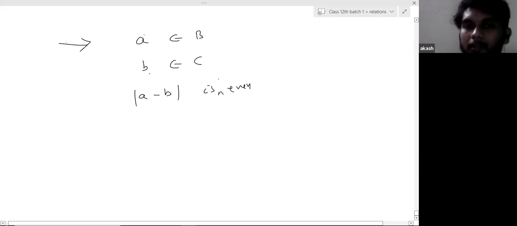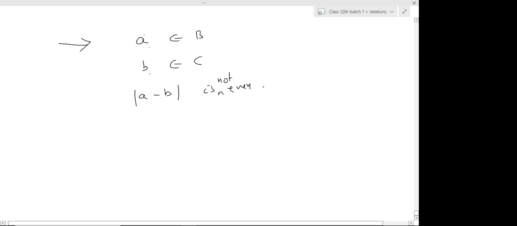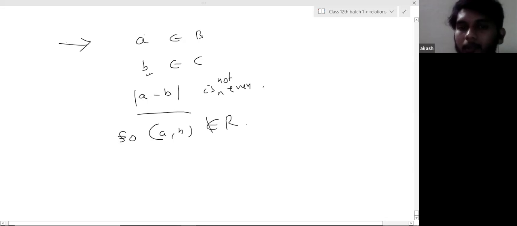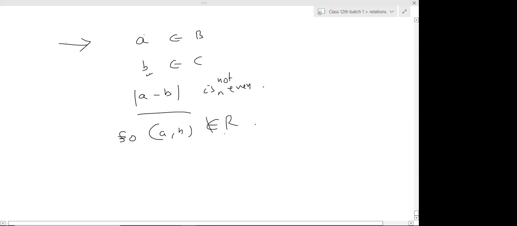A minus B is not even, right, Krishna? Yes, sir. Because A is odd and B is even. So no matter what element you choose, this will never be even. So A comma B does not belong to R. This is what they have asked you to show. Is it clear now? Yes, sir.